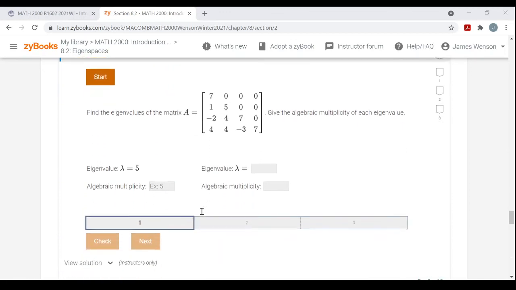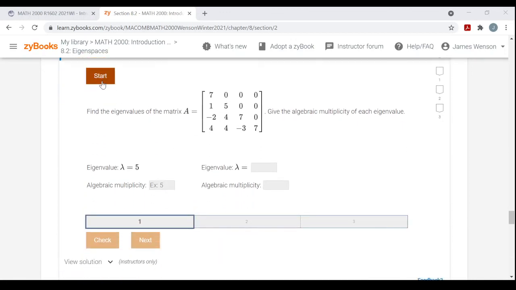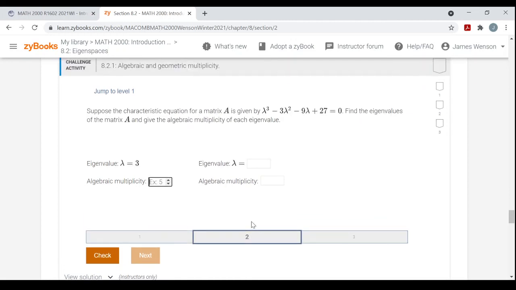All right, and then your challenge activities, there's only 3 levels here. You're asked for eigenvalues and their algebraic multiplicities, which, this example I'm looking at here is, again, very simple because it's lower triangular. The next level. So again, now here they're not even giving you a matrix.